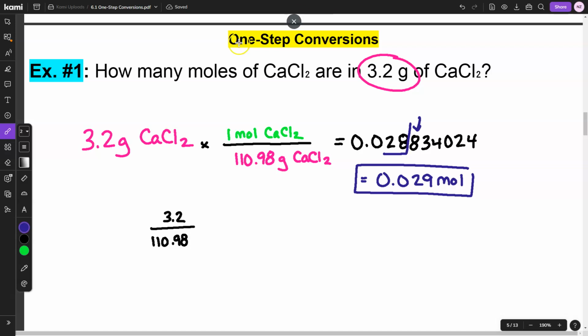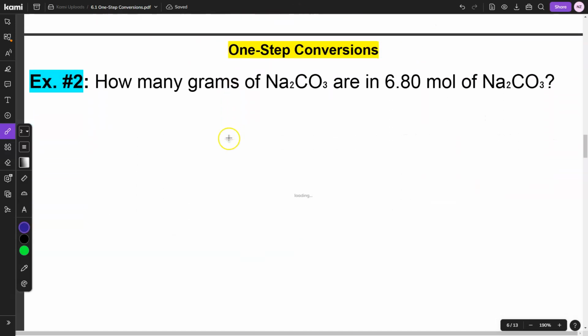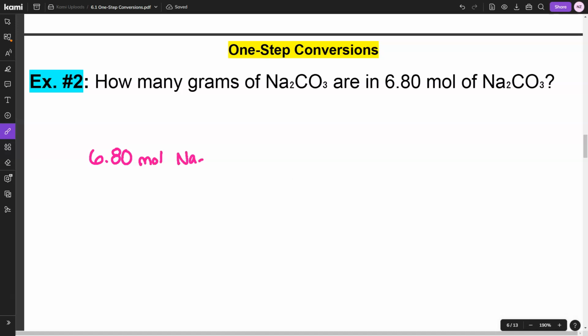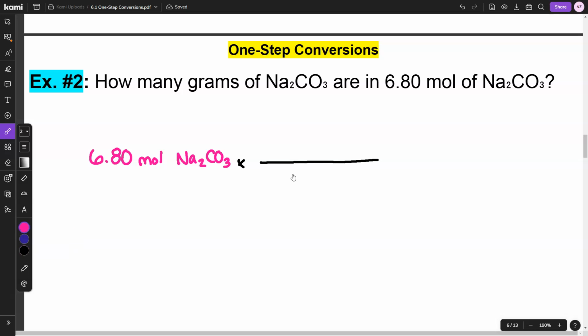Let's do another one. Let's go the other way this time. So this time we're given moles, and it's asking us to go to grams. So we're going to start with the given. So 6.80 moles of sodium carbonate. Okay, let's set up our conversion factor. So I know that I'm going to need the molar mass.